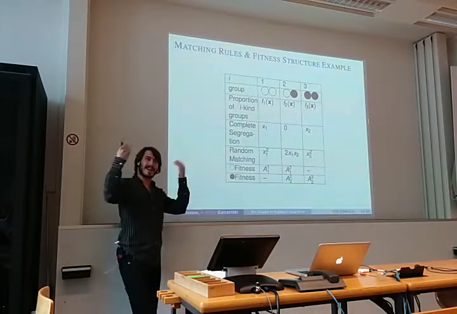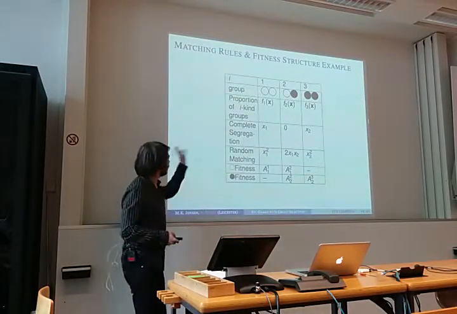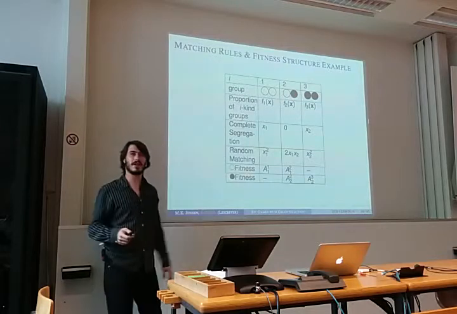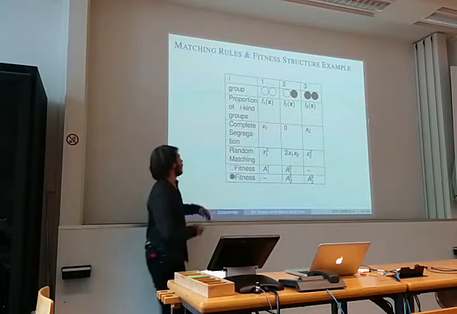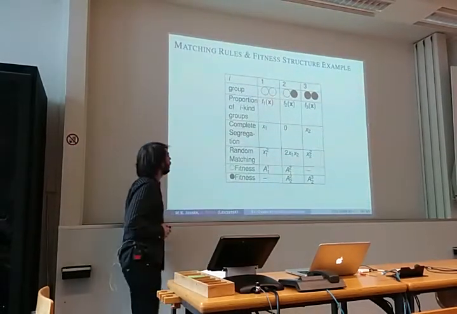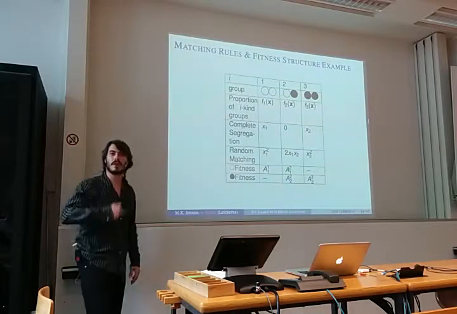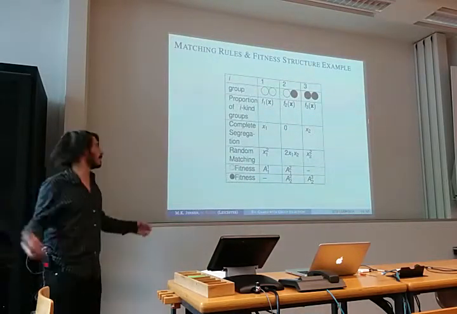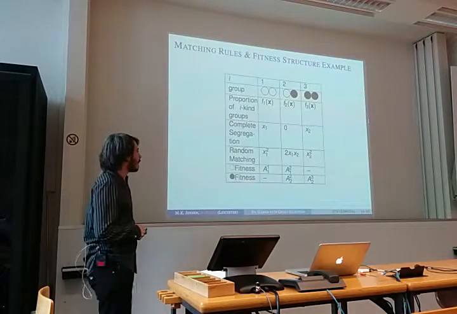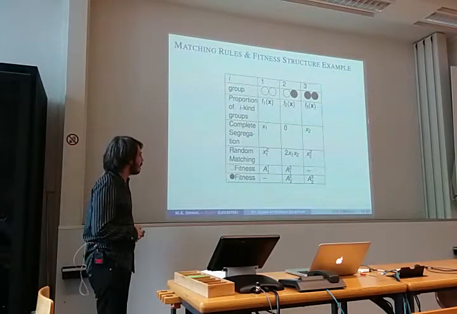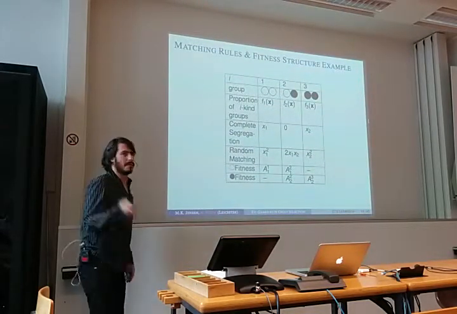In another case, when you have complete segregation, there are no mixed groups: cooperators only match with cooperators, defectors only match with defectors. And these are the fitnesses. You can see that there are some things that we cannot define, but that's fine.